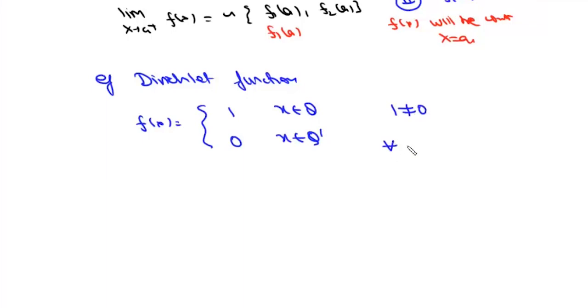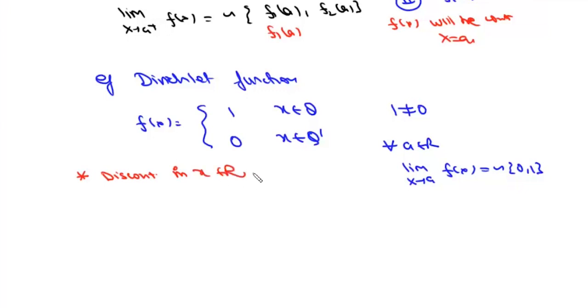So for all a belongs to R, this limit x tends to a f(x) will be an oscillating value 0 and 1. So this function will be discontinuous in x belongs to R. So this is an example of function which is discontinuous at all the points. So there is not even a single point at which this function is continuous.